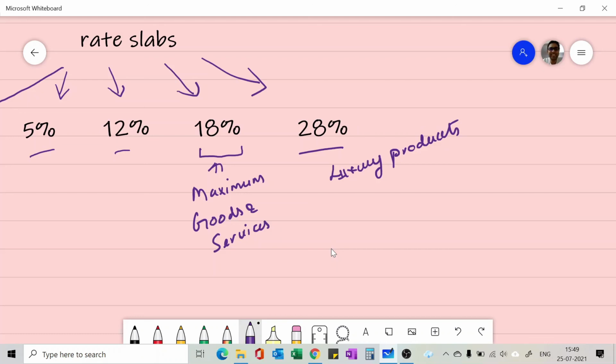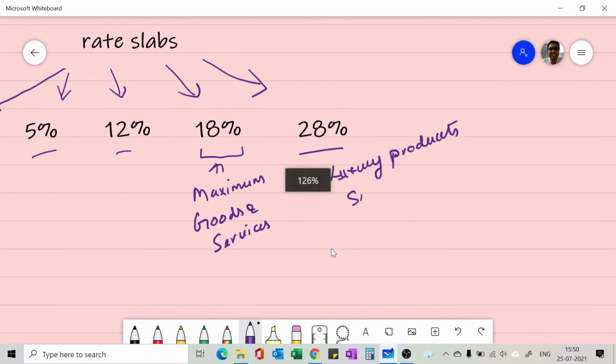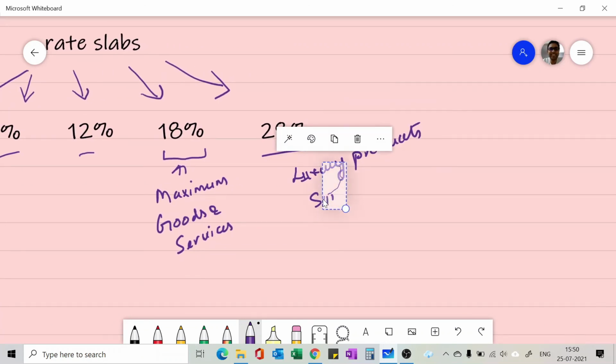These are basically sin products or luxury products, such as chewing gum, molasses, chocolates, deodorants, shaving creams, and air conditioners, and things like that. These are all products which are not so essential but are discretionary in nature.